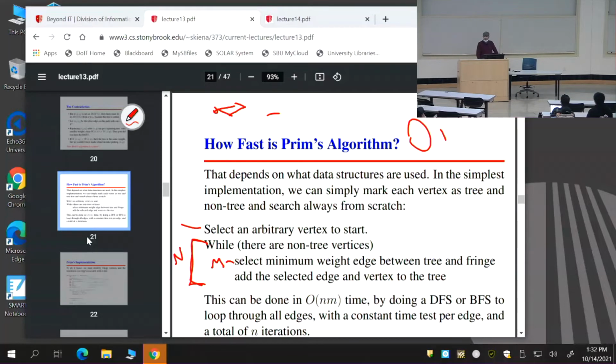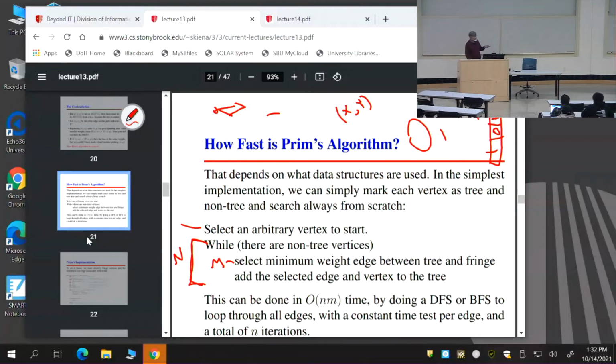How would I do it? I would have a Boolean array. You want to know whether edge xy is legal. What if I have a Boolean array intree, where vertex i is going to have a 1 if it's in the tree and a 0 if it's not? Does everybody agree?